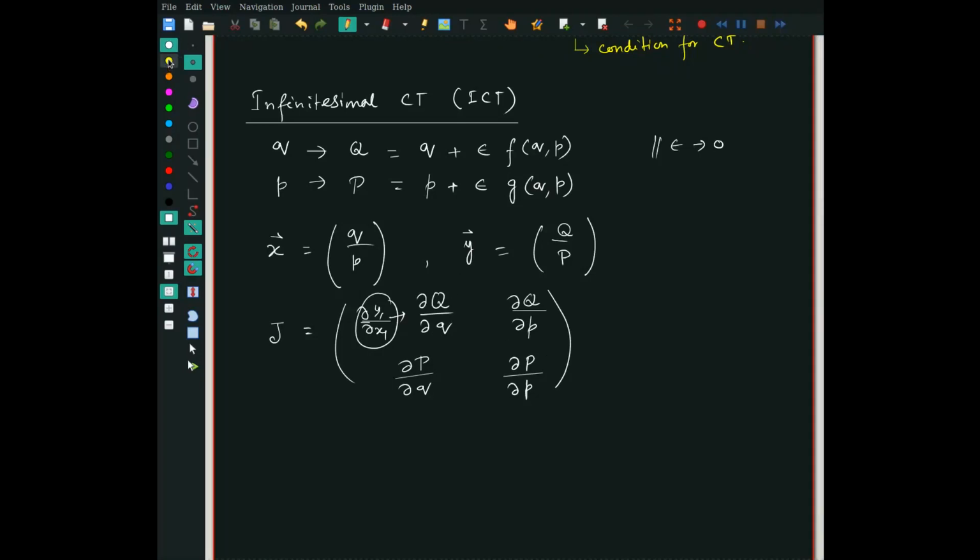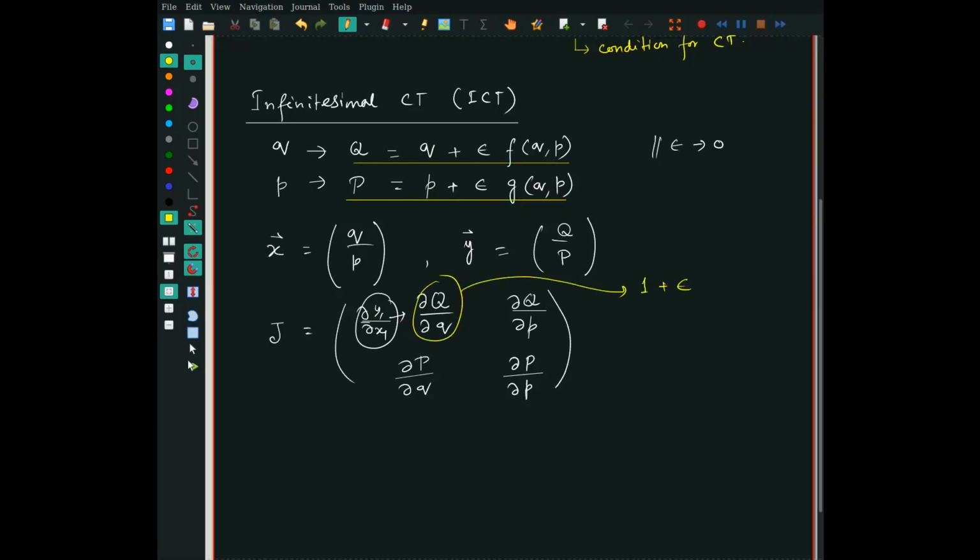Now if I look at these expressions, del Q over del q is just given by 1 plus epsilon del f over del q. Then this quantity, del Q over del p, is just epsilon times del f over del p.